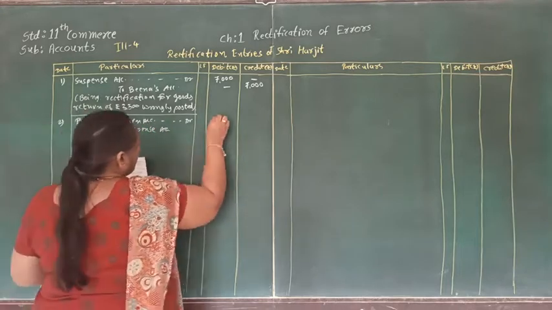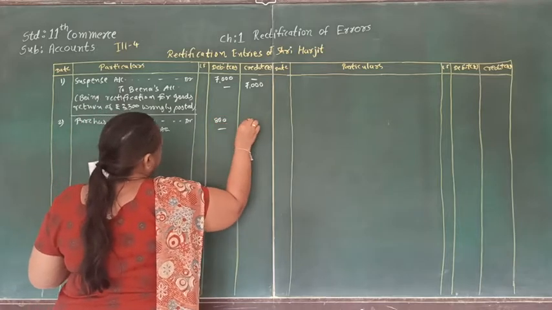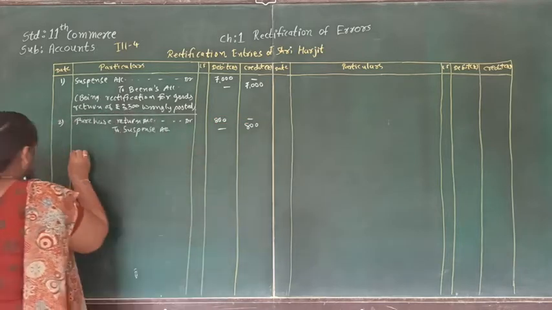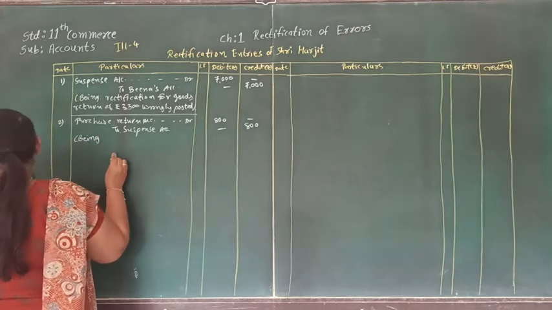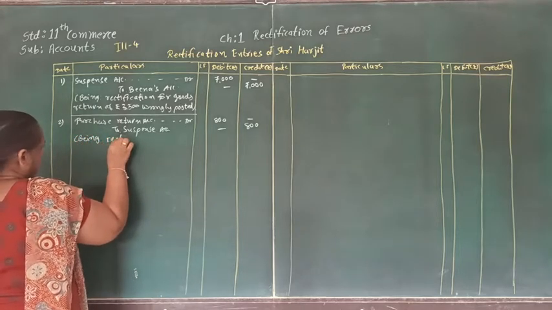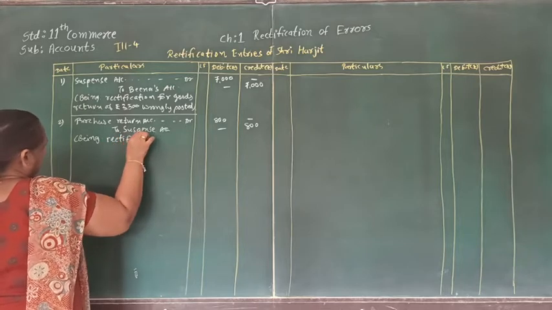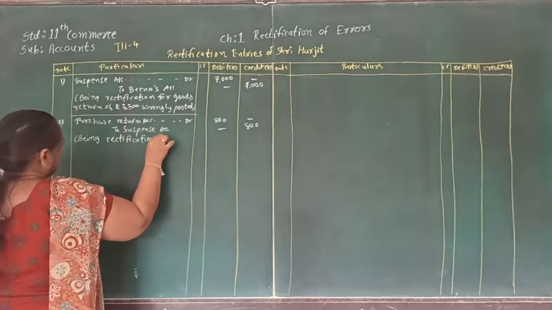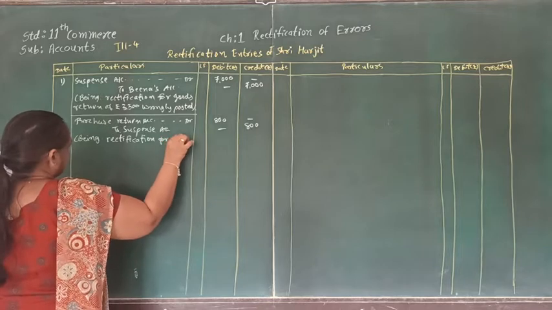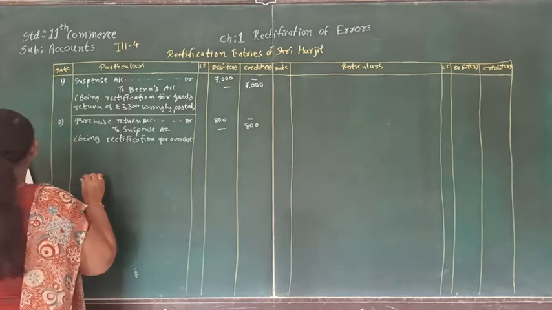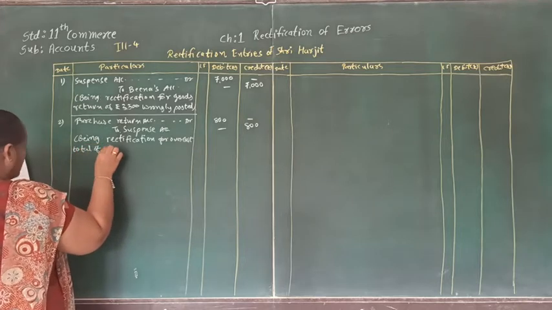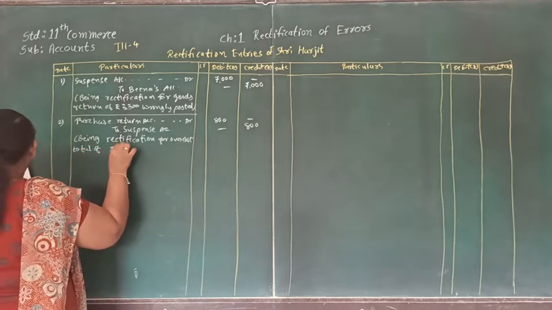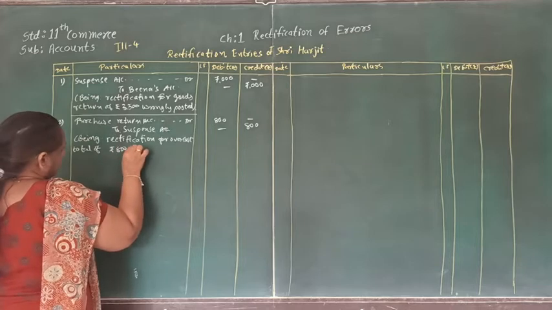Here the amount will be 800, being rectification for overcast total of rupees 800 for purchase return.